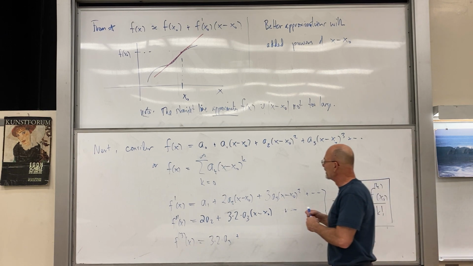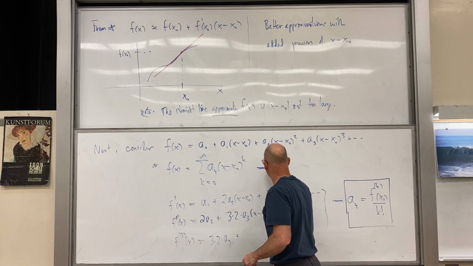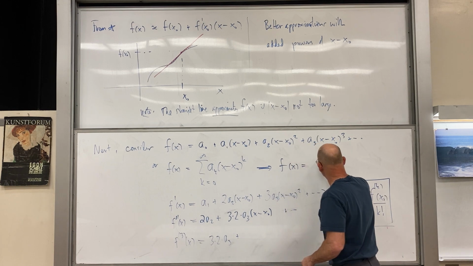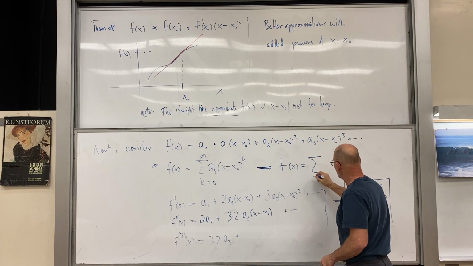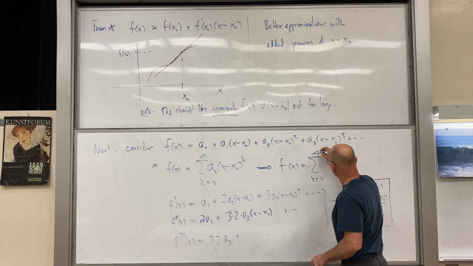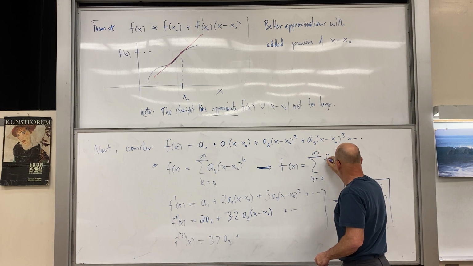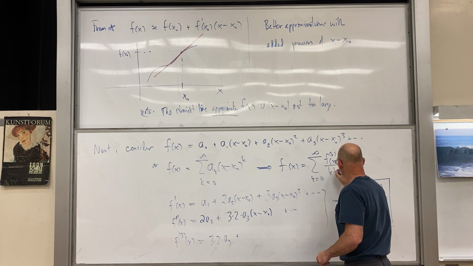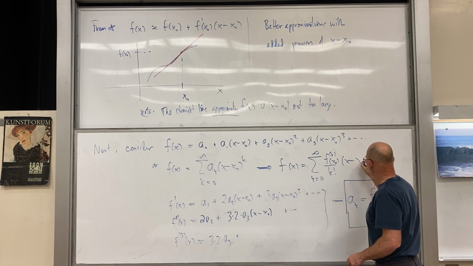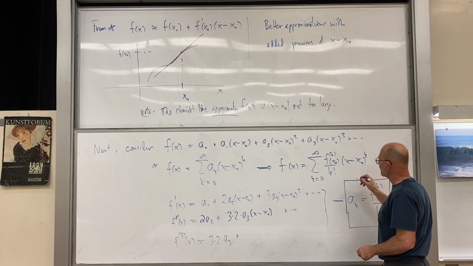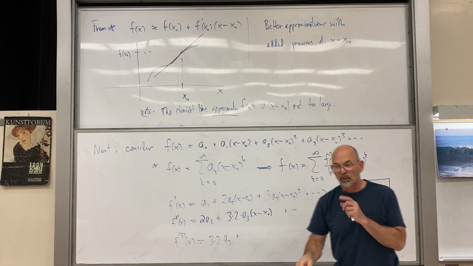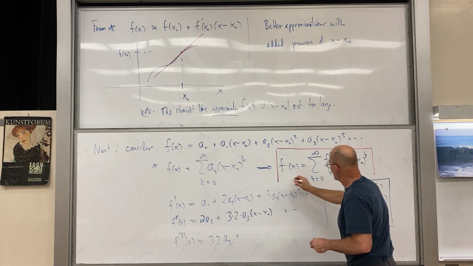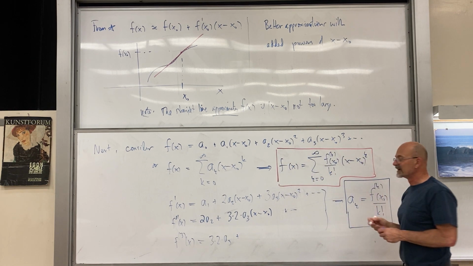So now we've found f of x is equal to the sum k equals 0 to infinity kth derivative x0 over k factorial, times x minus x0 to the kth power. We're going to write that out again, of course, but this is the compact form, very nice for remembering this.